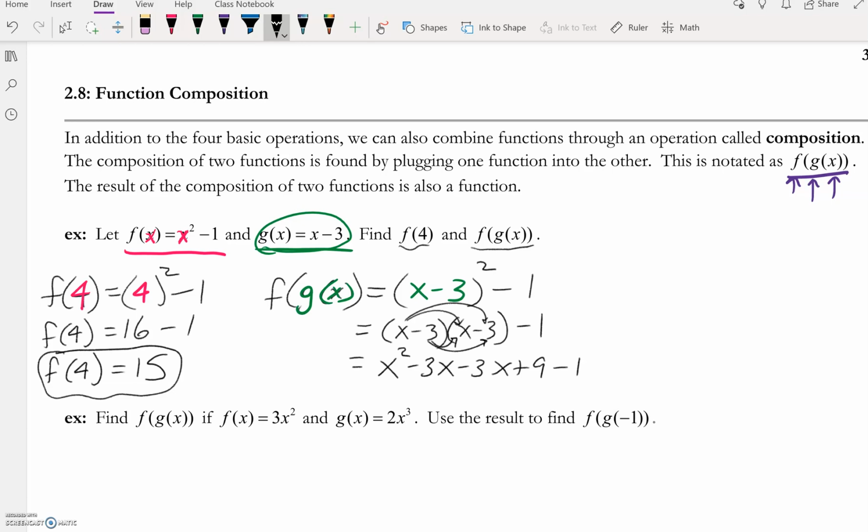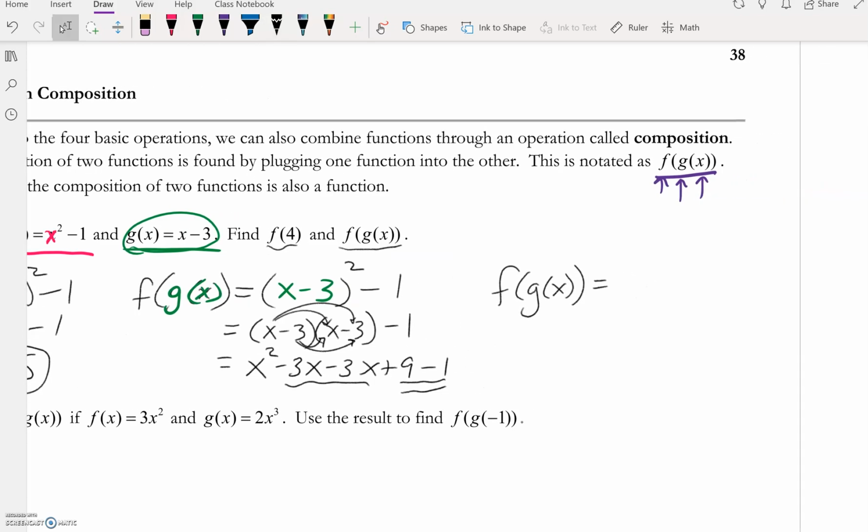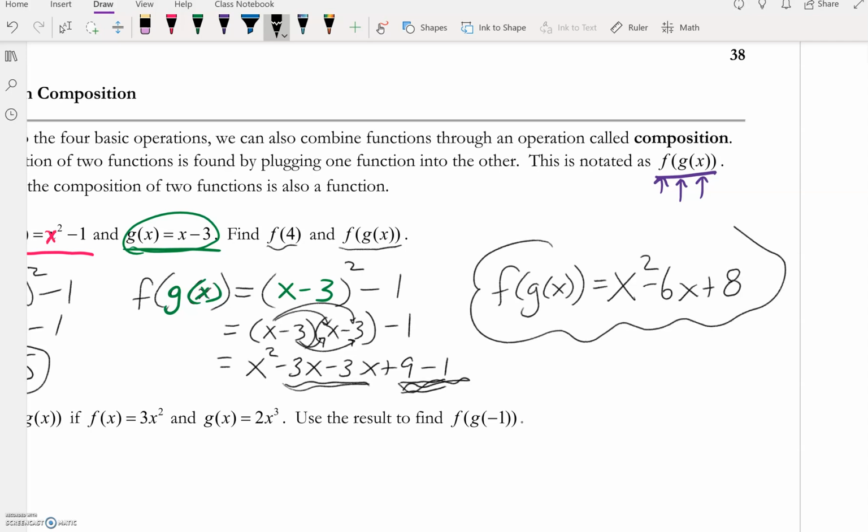Combining like terms, the final answer is f of g of x is equal to x squared, and then negative 3x minus 3x is negative 6x, and 9 minus 1 is 8. That would be the simplified standard form of f of g of x.